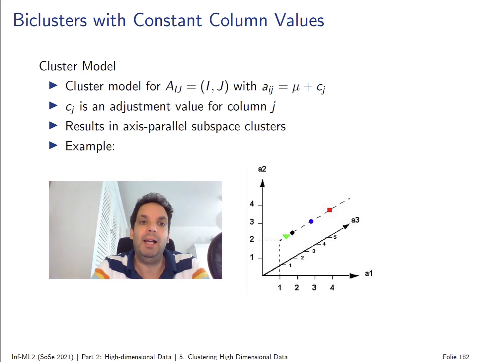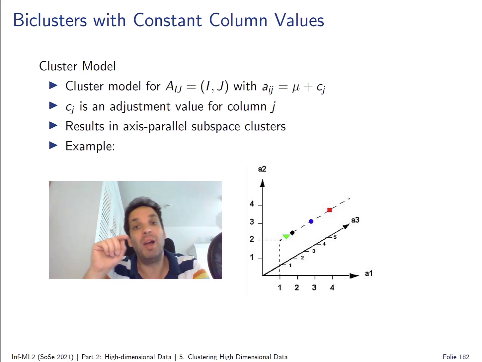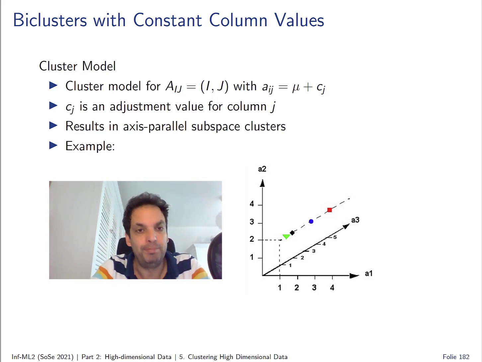The first idea to generalize that is maybe to still look for constant values, but now not in the entire submatrix, but maybe just in all the columns or in all the rows of the submatrix. And that is what is actually coming up here.